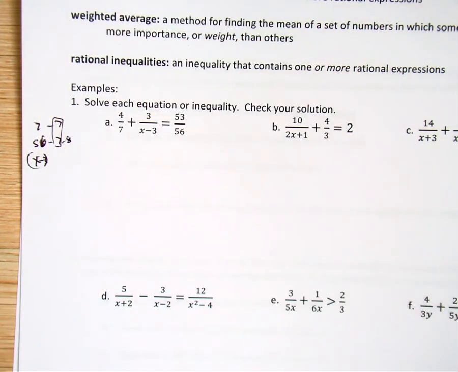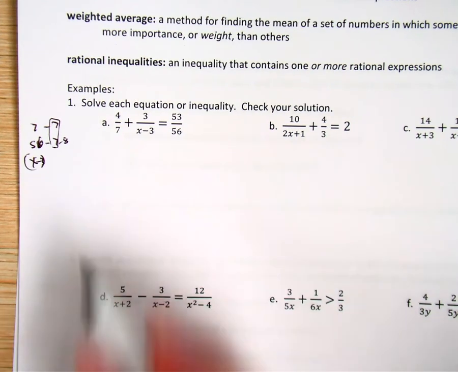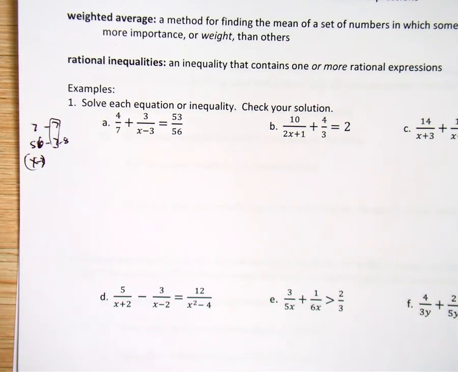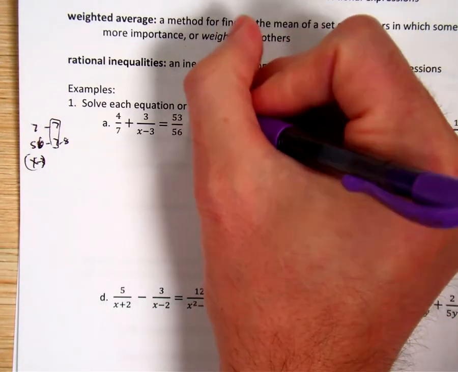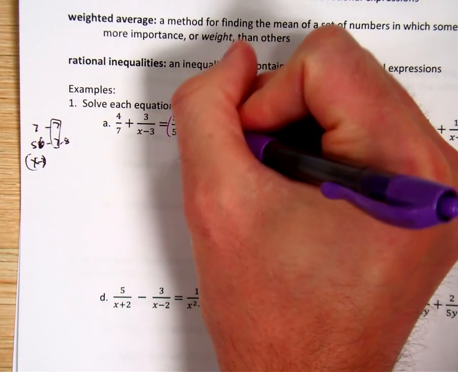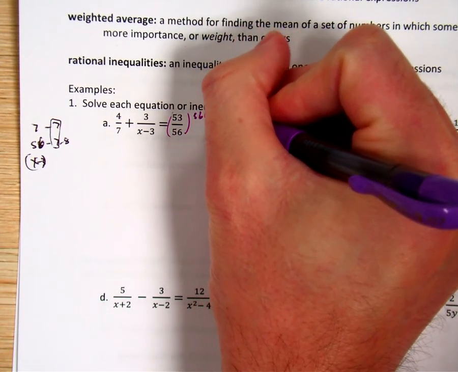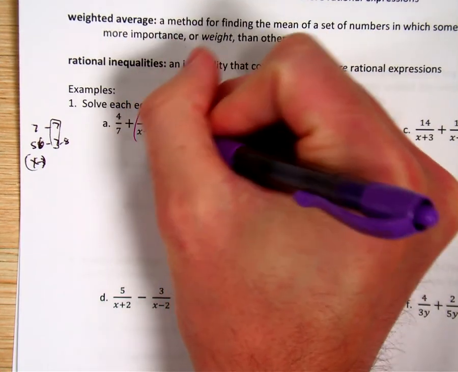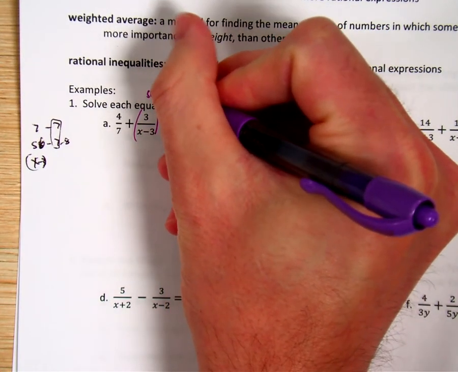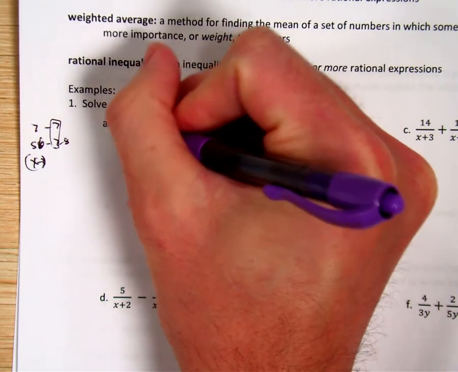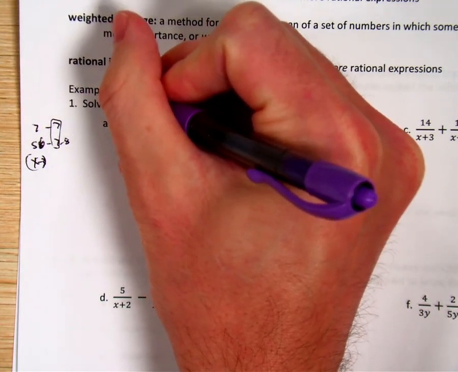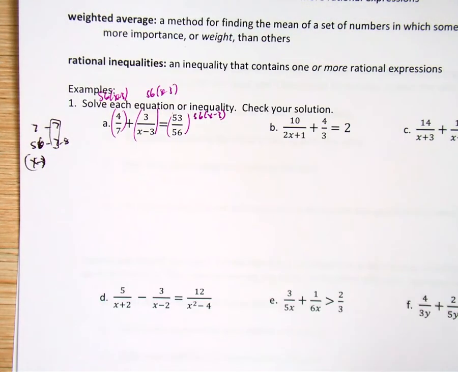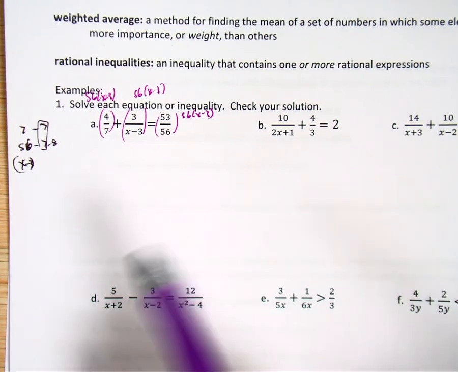So I see that 56 kind of overlaps with 7, and I need the x minus 3. So we're going to multiply everything by 56 times x minus 3.